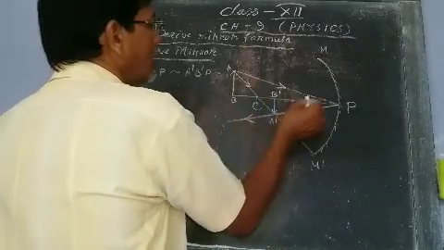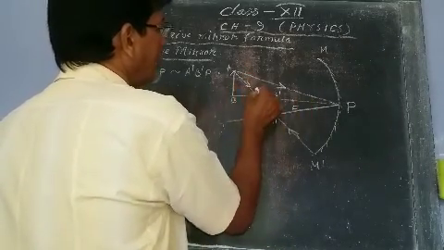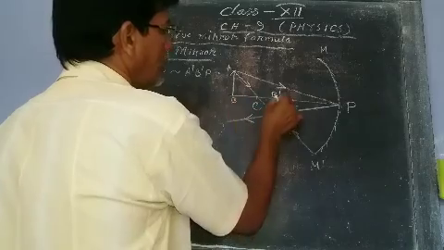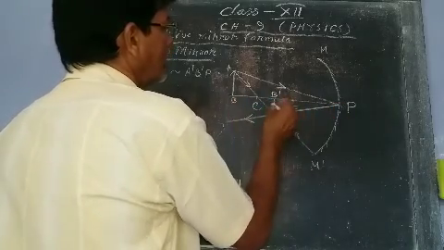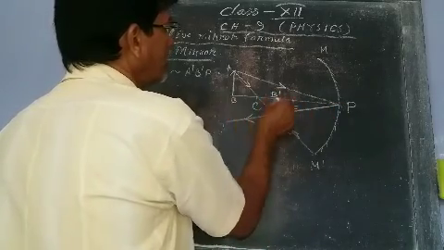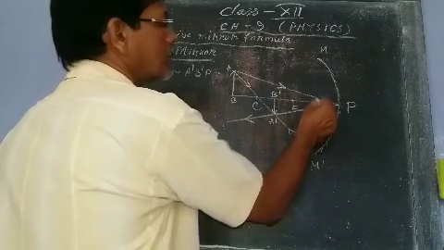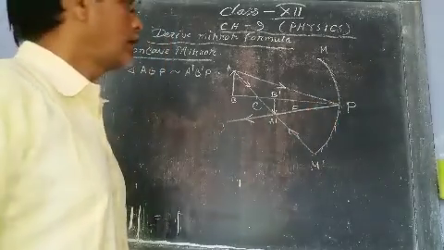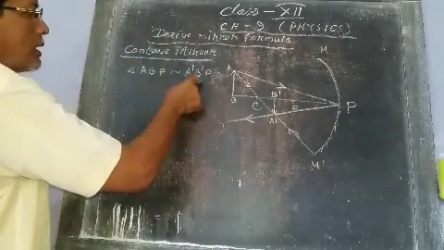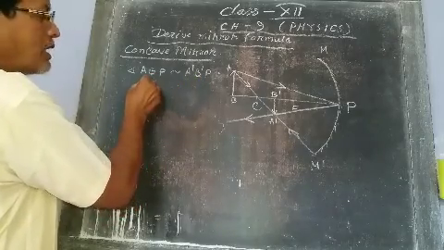You see this triangle and this triangle. These two 90 degrees and this angle equal to this angle are equal. So these two triangles are similar. Similar means the ratio of sides is equal.